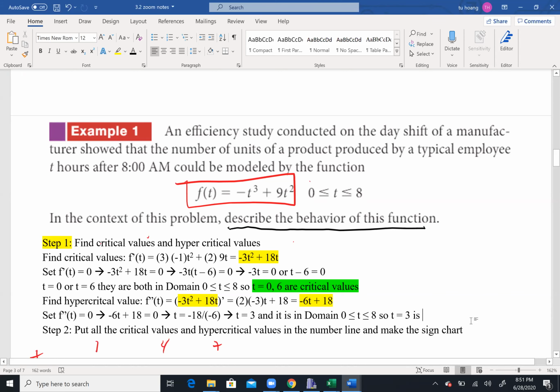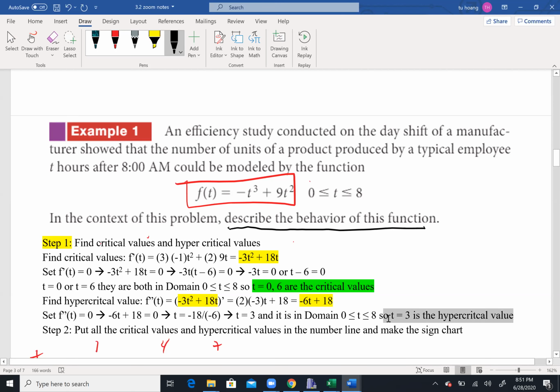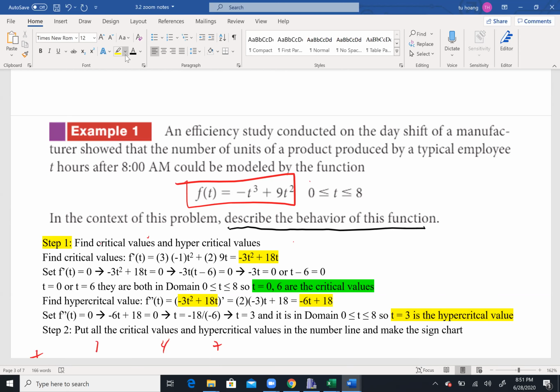Okay. Now let me mark this one. Okay, so since we have t equal to 3 as a hypercritical value, and t equal to 0 and 6 as the critical values, then you're going to move to step number 2 here.